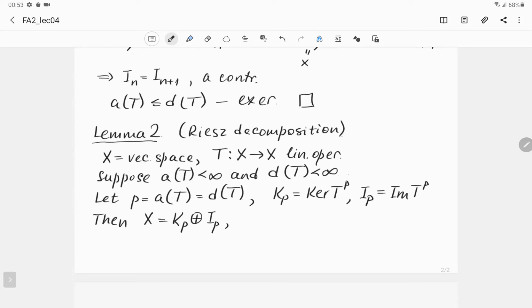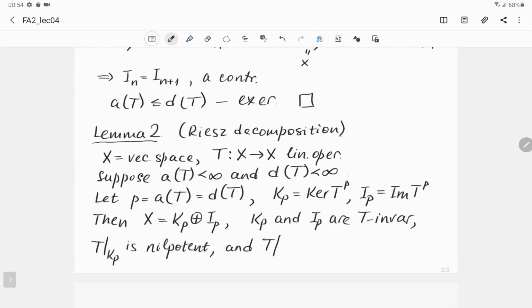Moreover, each of these subspaces is T-invariant. K_p and I_p are T-invariant. T restricted to K_p is nilpotent. And T restricted to I_p is an isomorphism of I_p onto itself.